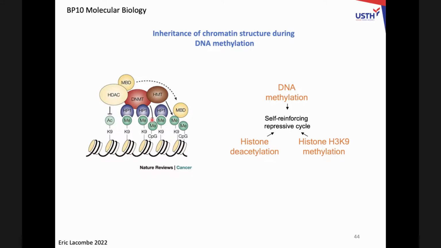So it's like the story of the egg and the chicken. I don't know where to start. When you have this kind of self-reinforcing cycle, it's very difficult to say what the first event is. I don't know if the copying of DNA methylation occurs first or the methylation of the new histone.